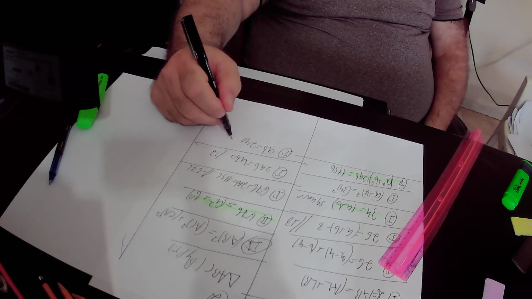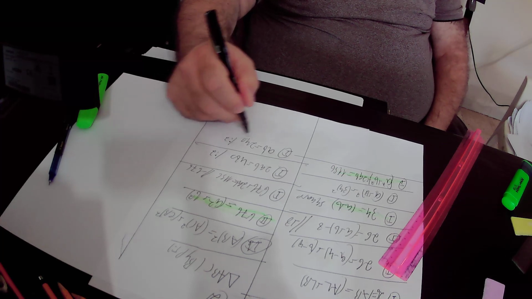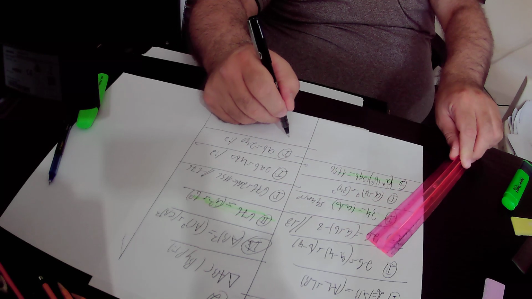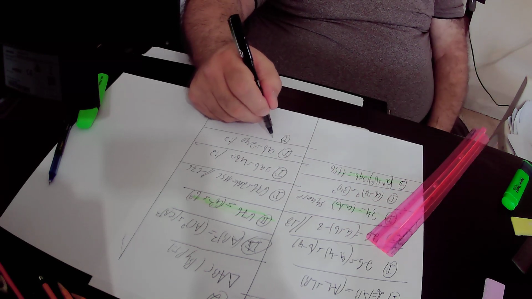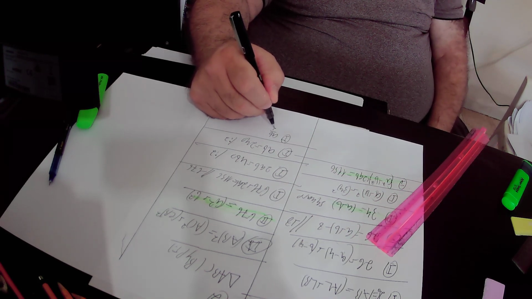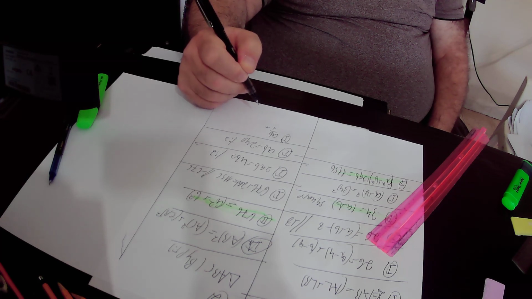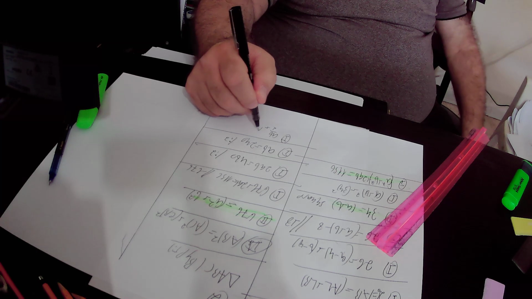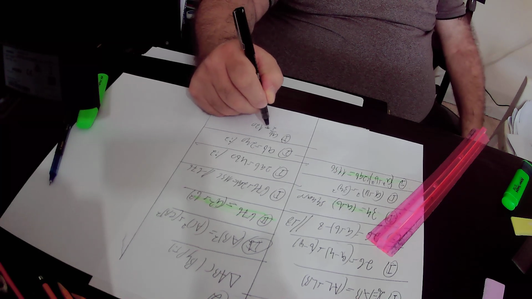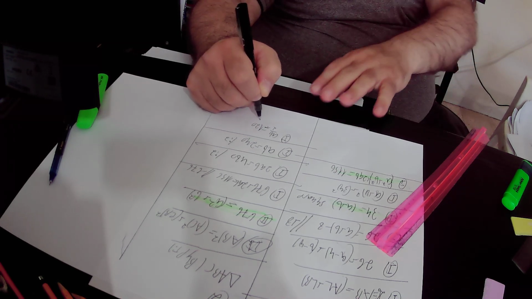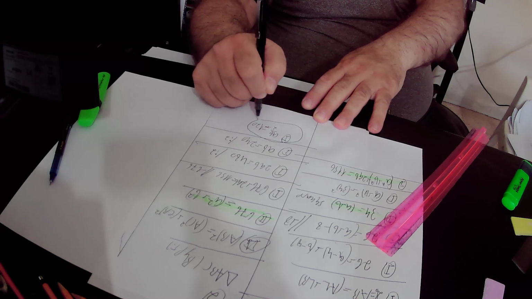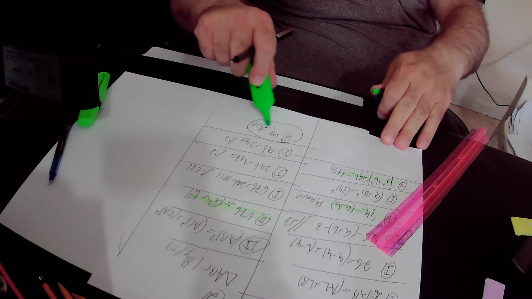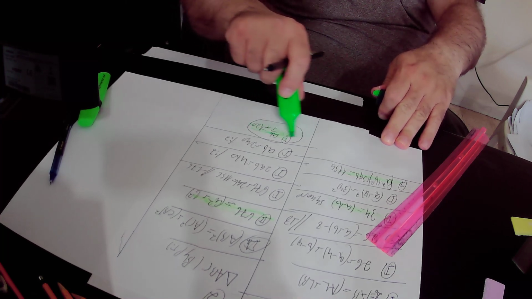So here we divide again by 2, and we get that AB over 2 equals 240 over 2, which is 120. So we know that AB over 2 equals 120. Okay.